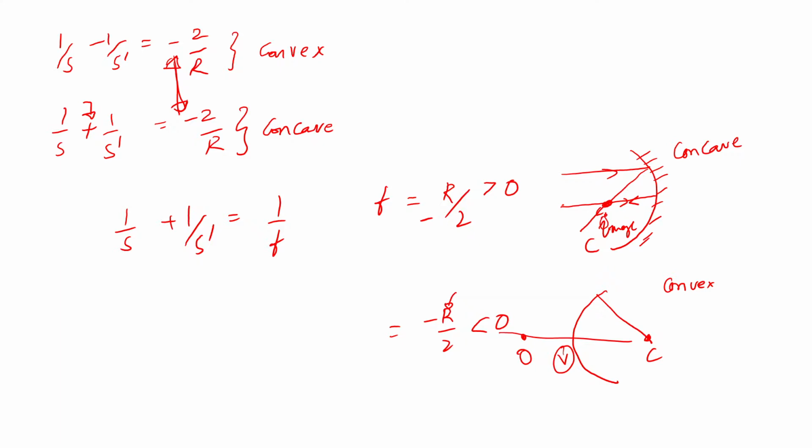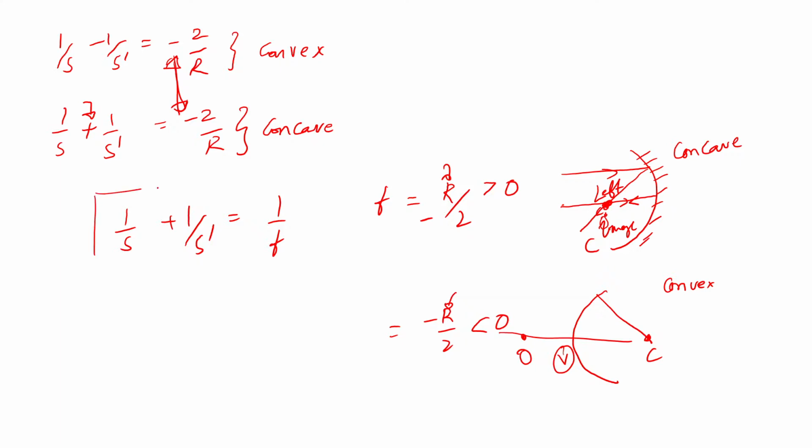On the other hand, for a concave mirror, because the center of curvature is onto the left side, we would write r itself as a negative number. And so minus r by 2 would be positive because I'm writing r as a negative number. So negative times negative gives me positive. So the focal length for a concave mirror would be greater than 0.